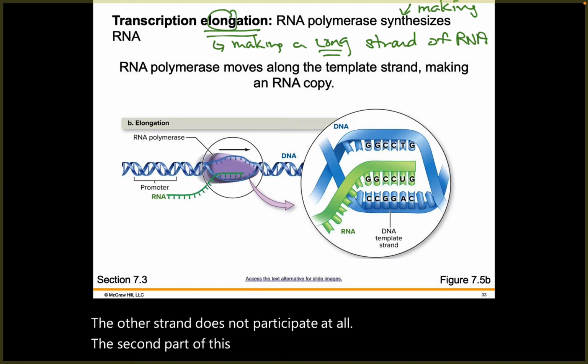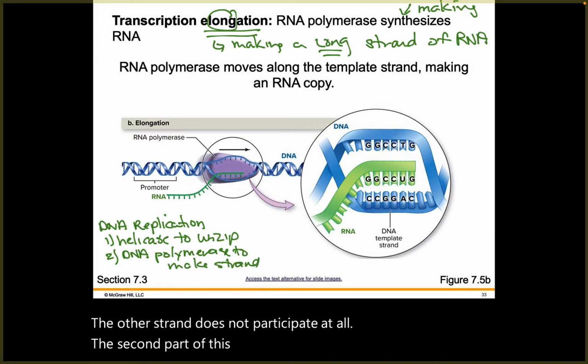So if you remember from DNA replication, you had 2 enzymes. You had an enzyme called helicase to unzip, and then you had DNA polymerase to make the DNA strand. Here, the RNA polymerase does both.